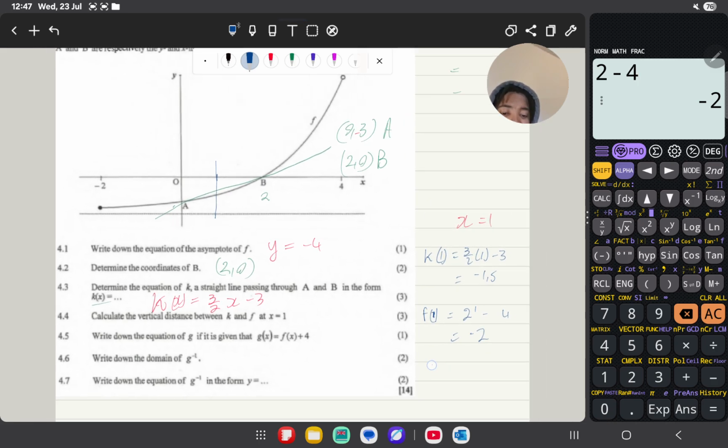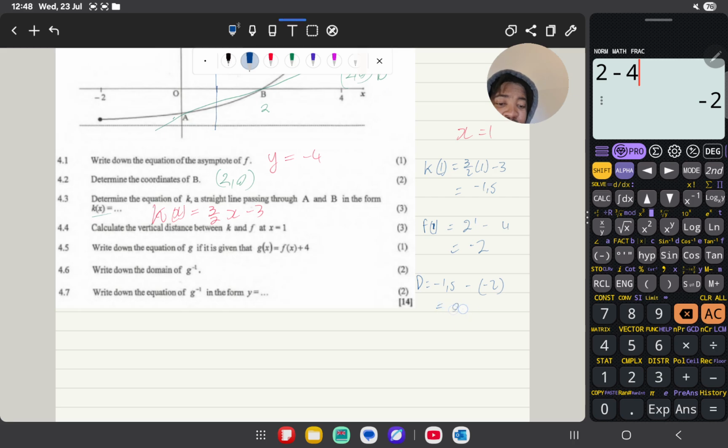So to find the distance here, the distance is 0.5. So you'd say minus 1.5 minus (minus 2), that should give you the distance, which is equal to 0.5.